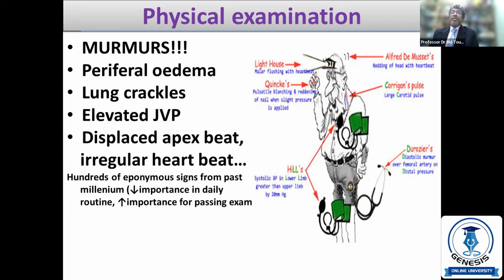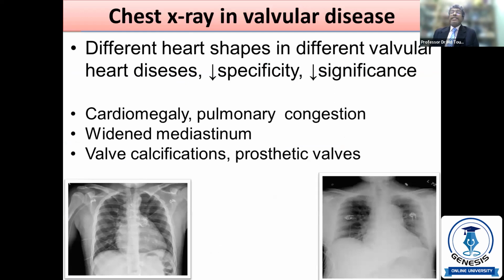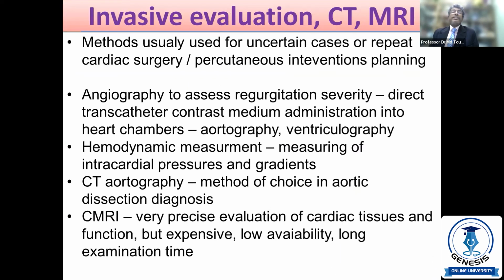Even the patient may have elevated jugular venous pressure, and if there is cardiomegaly, in that case the apex may be shifted. So in ECG, echocardiography, and X-ray, we get different types of findings in different types of valvular heart disease.